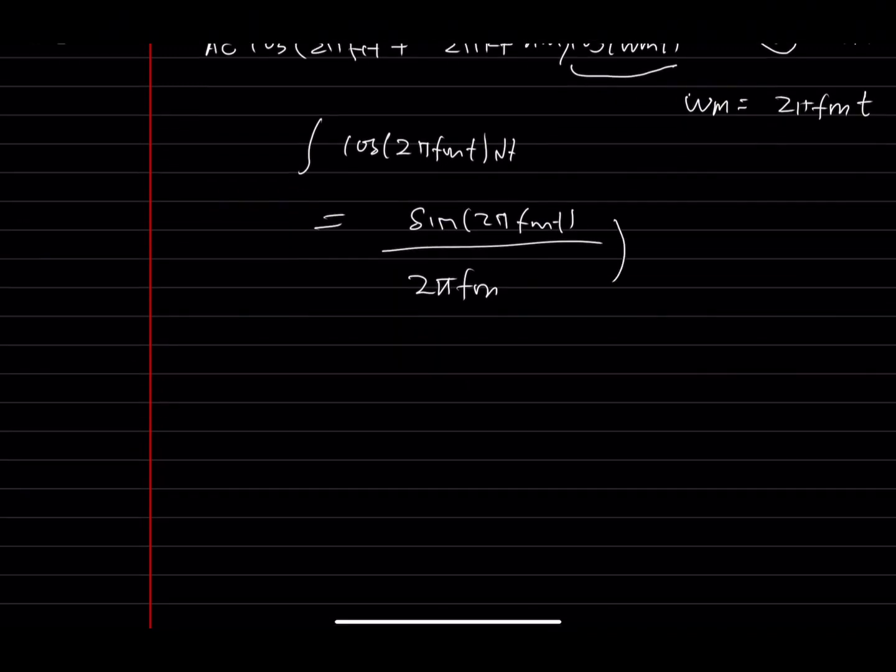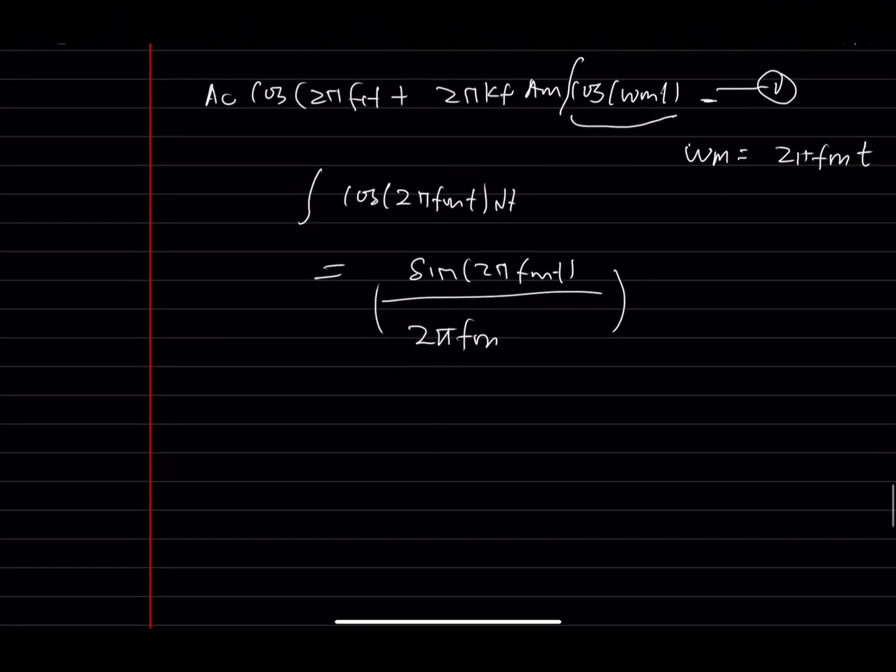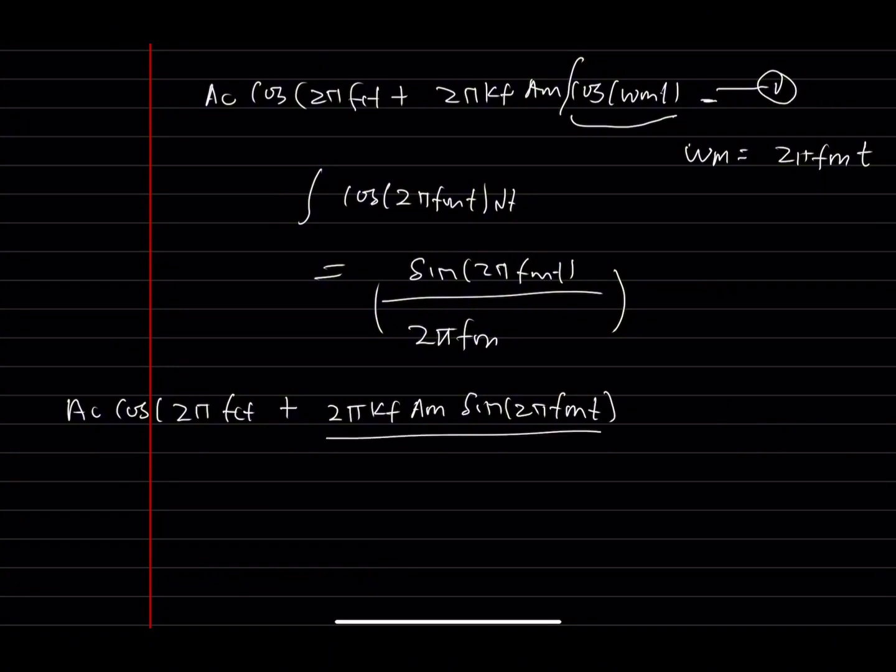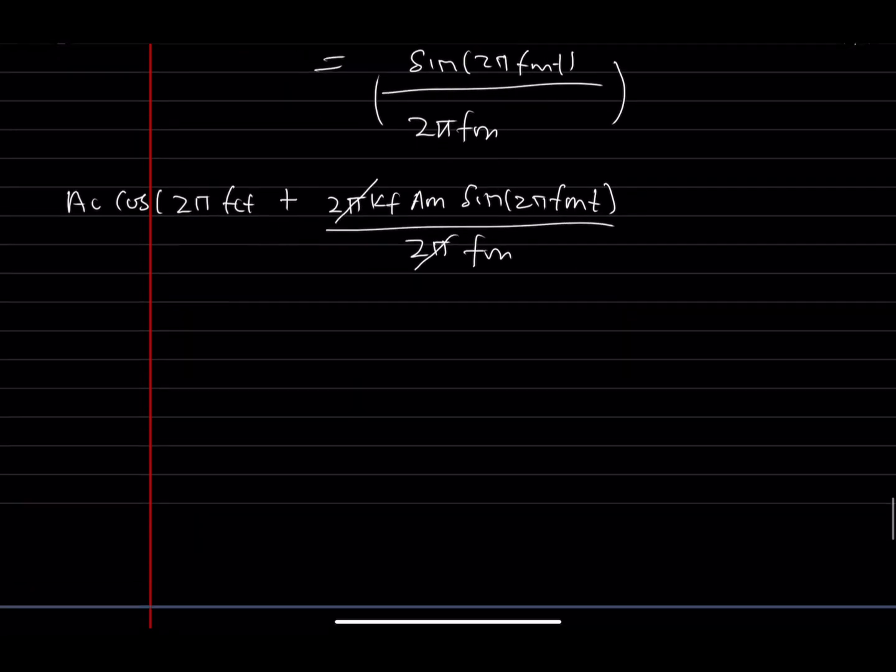Based on this, we can substitute it back into this equation. When we do that, we get A_C cos[2π f_c t + 2π k_f A_m sin 2π f_m t / 2π f_m]. The 2π will cancel with 2π, and now we get A_C cos[2π f_c t + (k_f A_m / f_m) sin 2π f_m t].